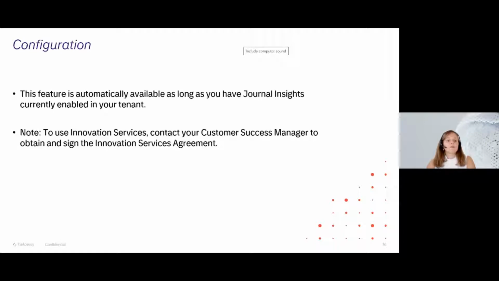This feature is automatically available as long as you have Journal Insights currently enabled in your tenant. If you don't have it, but you would like to, then please note that this is part of the innovation services. So please contact your customer success manager to sign the innovation services agreement.